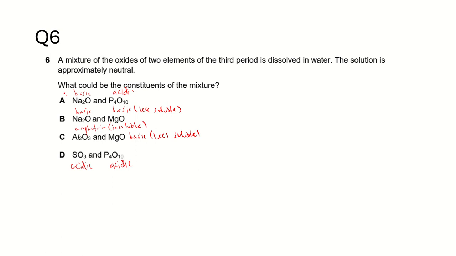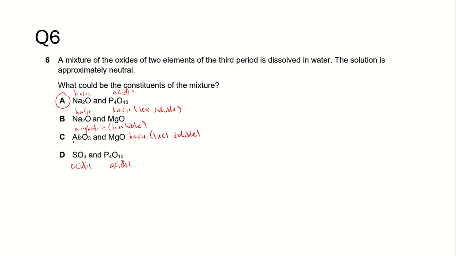Now let's look at the A, B, C and D combinations. A is the only one with basic and acidic added together, so they neutralize each other and the solution becomes almost neutral. B, basic and basic: the solution cannot be neutral, it should be more basic, an alkali solution.